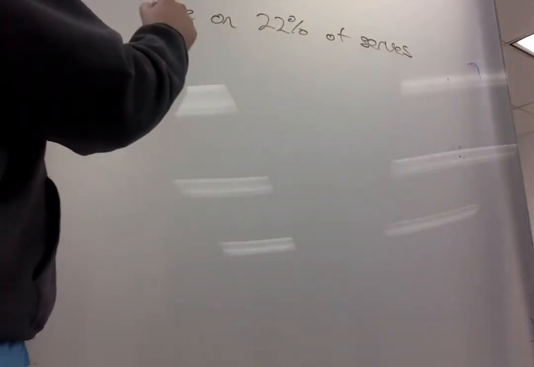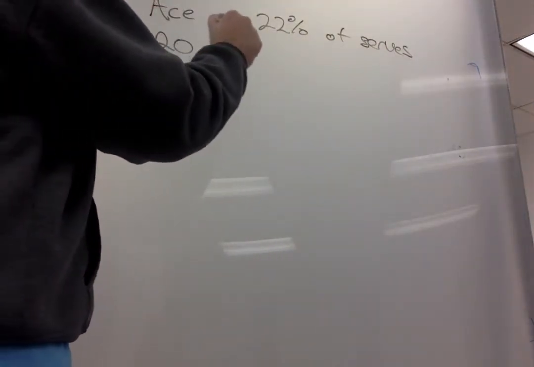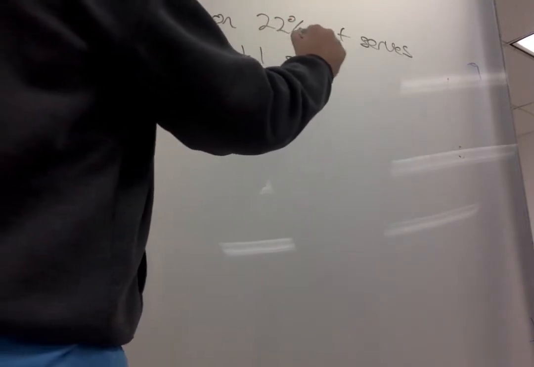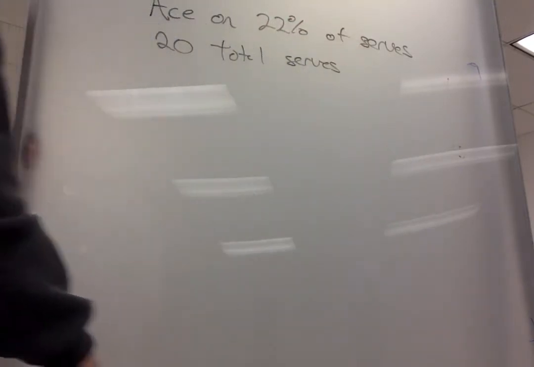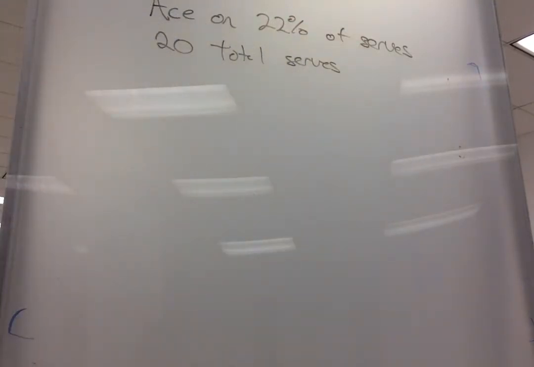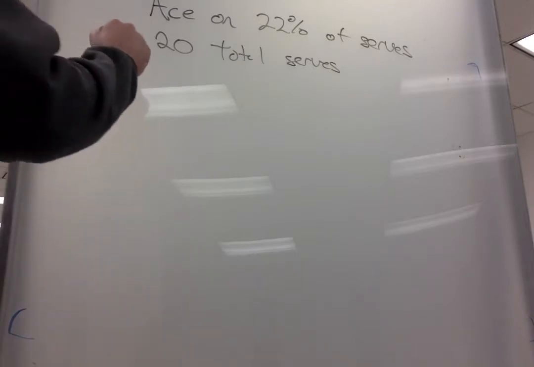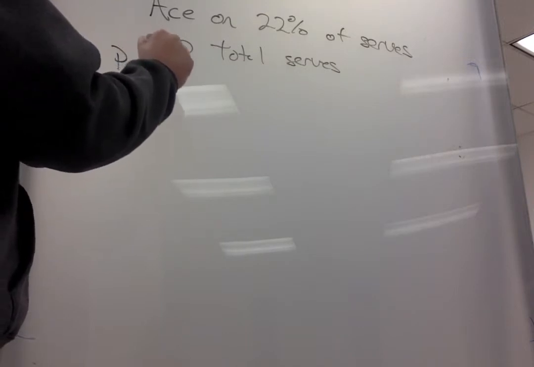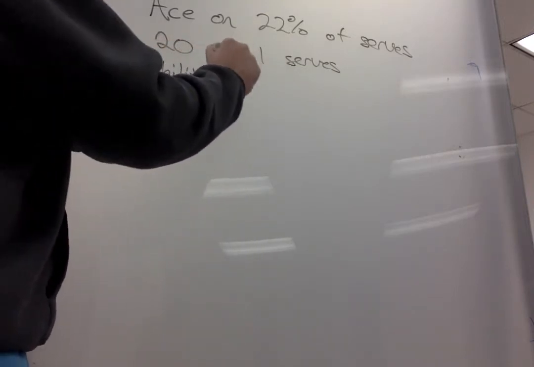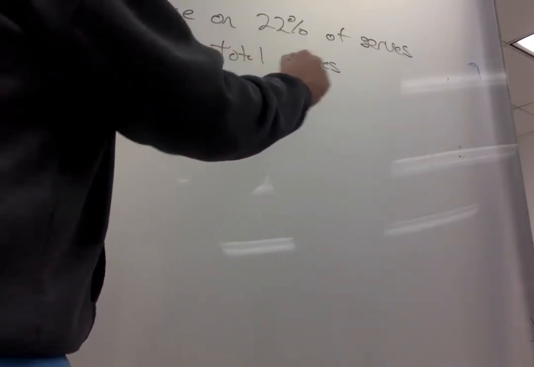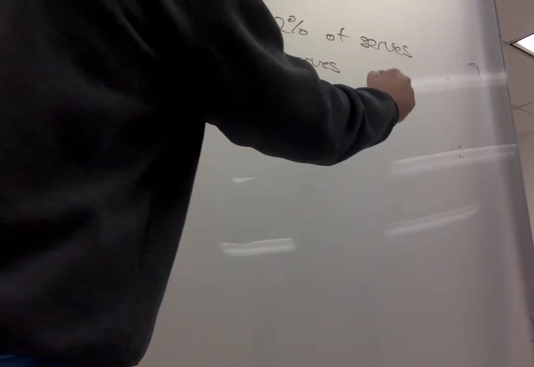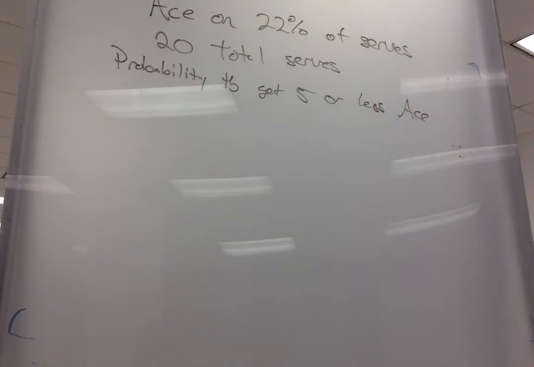And we're looking at 20 total serves. Let's say you're playing a very good opponent and you want to know what is the risk, what's the probability that you get 5 or less ace serves out of those 20.